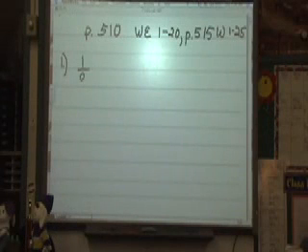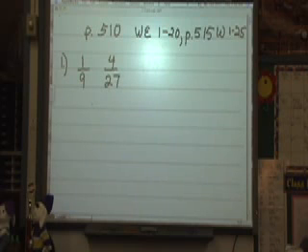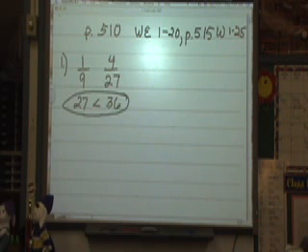Write the problem down. Underneath, give me the cross products. 27 is less than 36. Correct. And then circle your answer.